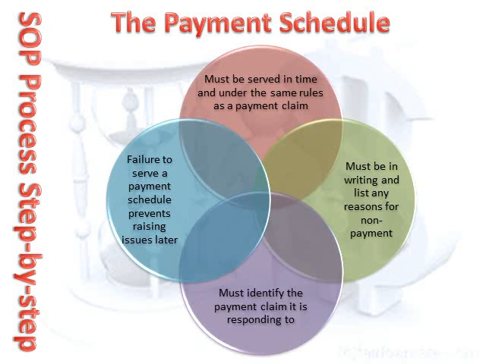It is better to list a reason you might want to rely on in the adjudication, rather than not list a reason that you may then want to rely on later. If you fail to serve a payment schedule, then you may not put in an adjudication response.